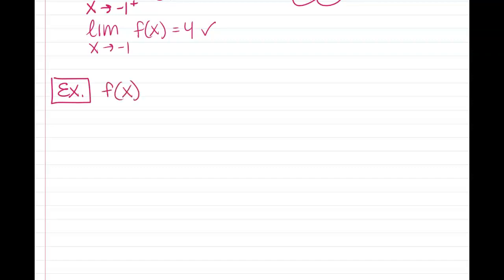f of x equals 7x plus 2 for x is less than 1, and the square root of x plus 24 for x is greater than 1.